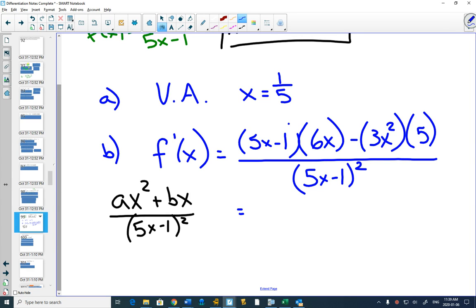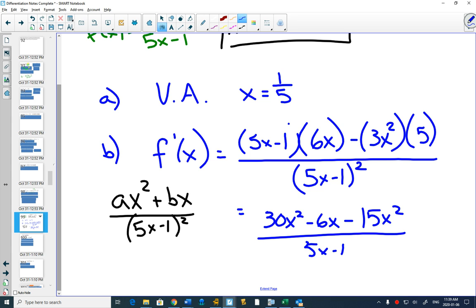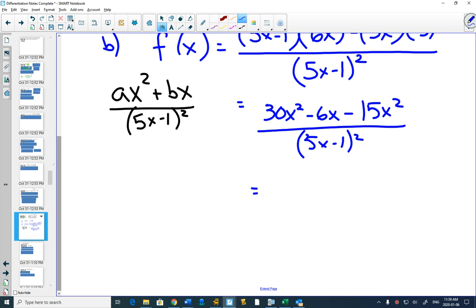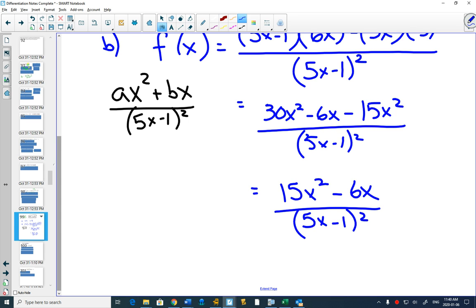So in this case, I'm going to distribute the 6x, which gives me 30x squared minus 6x, and multiply these together, minus 15x squared. 30x squared minus 15x squared gives me 15x squared minus 6x. So now I've written it in this form. It didn't ask to say that A was 15 and B was equal to negative 6, but you can see that now from your answer.